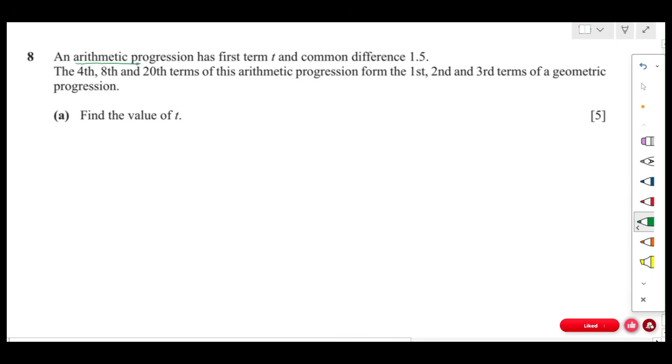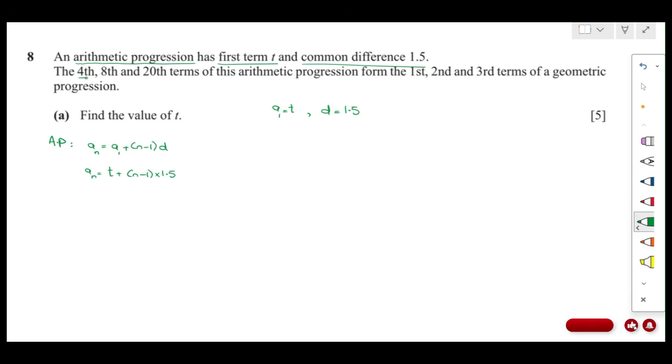So for an arithmetic progression, the nth term an is equal to a1 plus n minus 1 times d. Here the first term a1 is t and the common difference d is 1.5, so the nth term is t plus n minus 1 times 1.5.